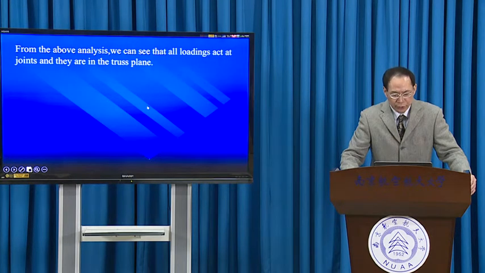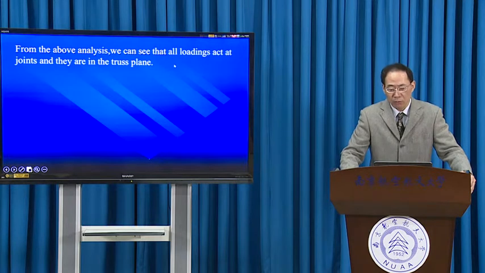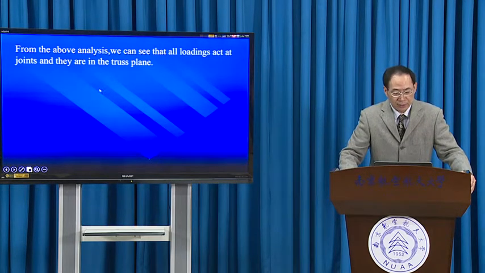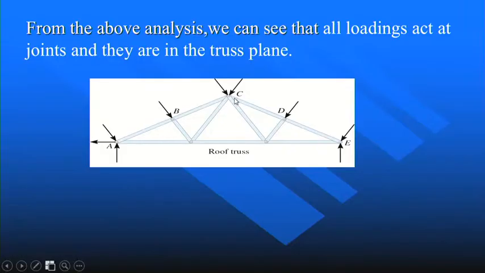So from these two examples, we can see that all loadings act at the joints and they are in the truss plane. That means all the external forces will, through those joints, act the load on the structure.